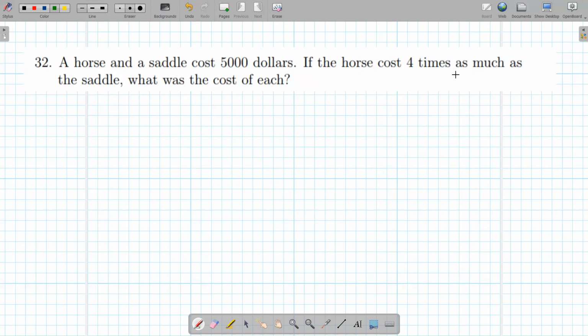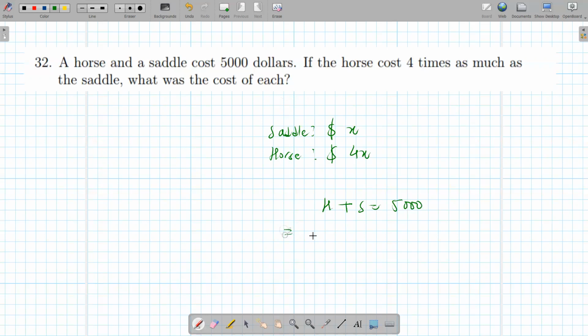If the saddle costs X dollars, how much does the horse cost in terms of X? 4X. Exactly, 4X.